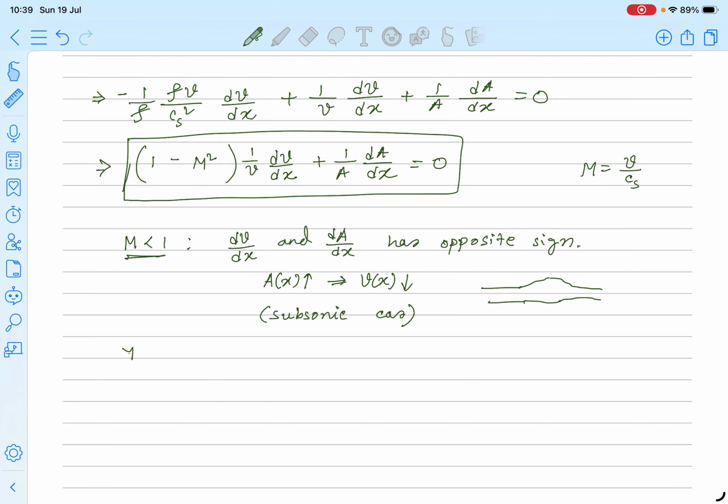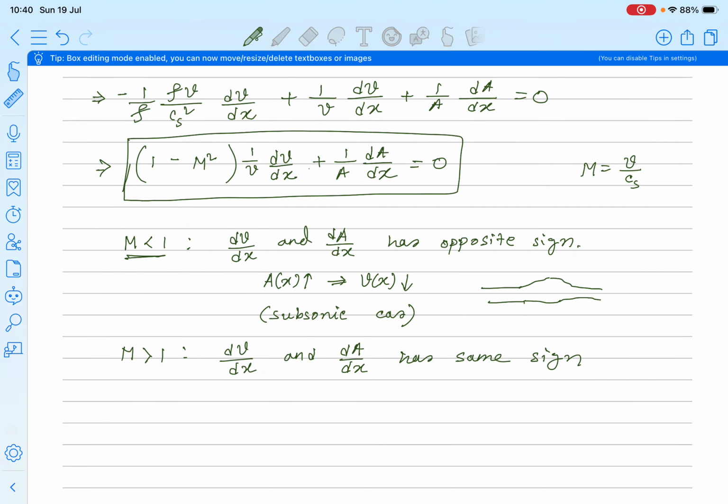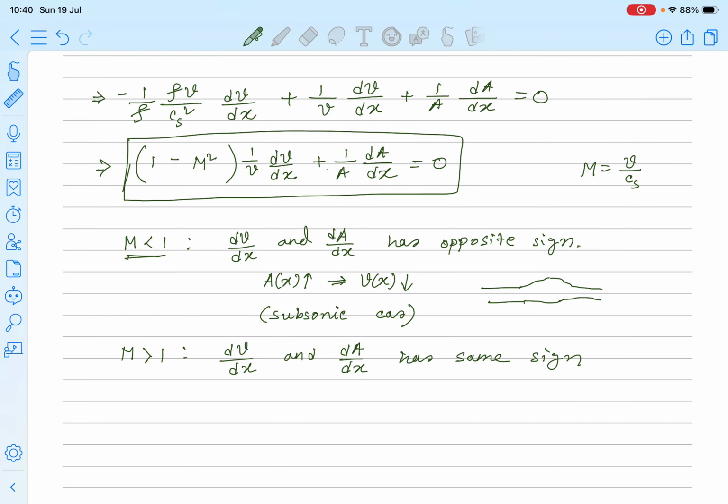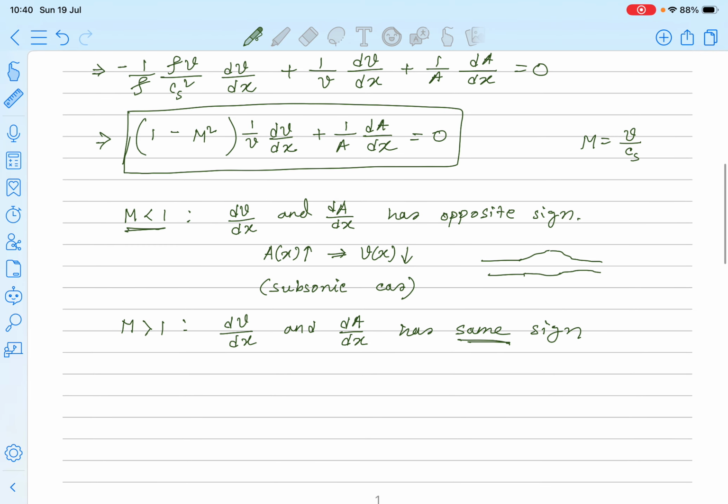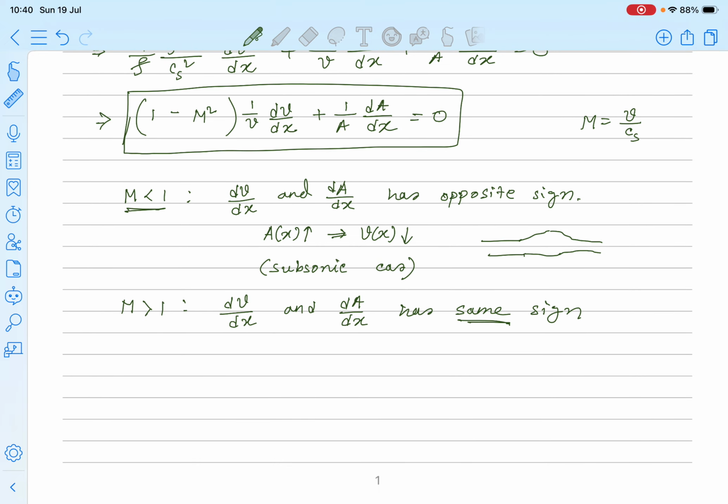Now the interesting thing is that if Mach number is greater than 1, we can say from this equation that dV/dx and dA/dx have the same sign. Mach number greater than 1, so this factor is negative, and this is positive. So what does this mean?